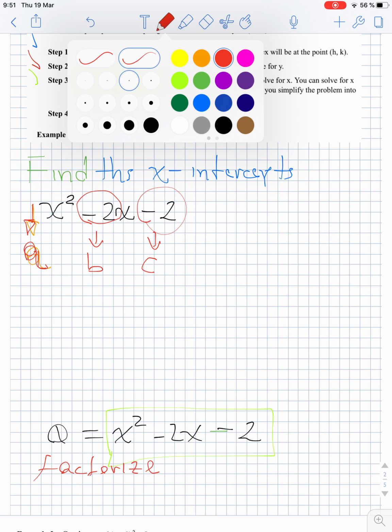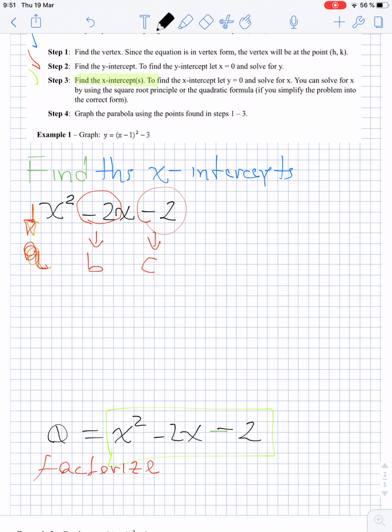And apply this formula: x equals minus b plus or minus the square root of b squared minus 4ac, over 2a. We were doing this in class. And then finally, when you replace the values, we will have this.